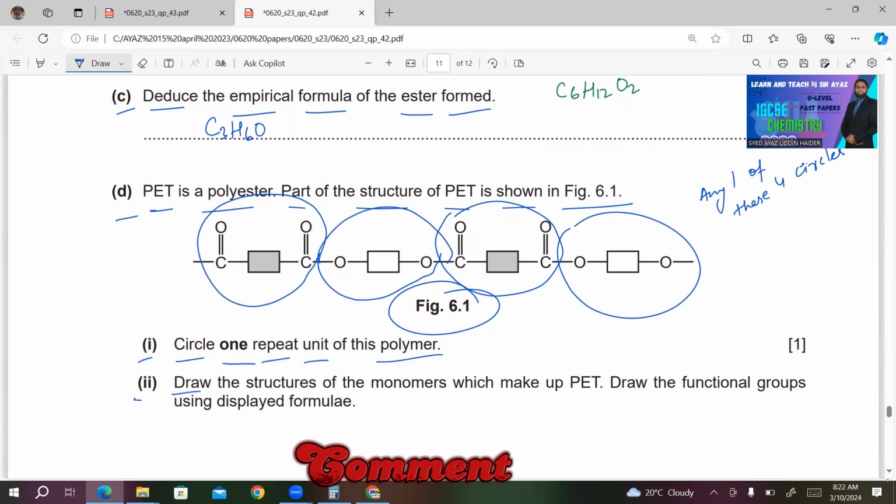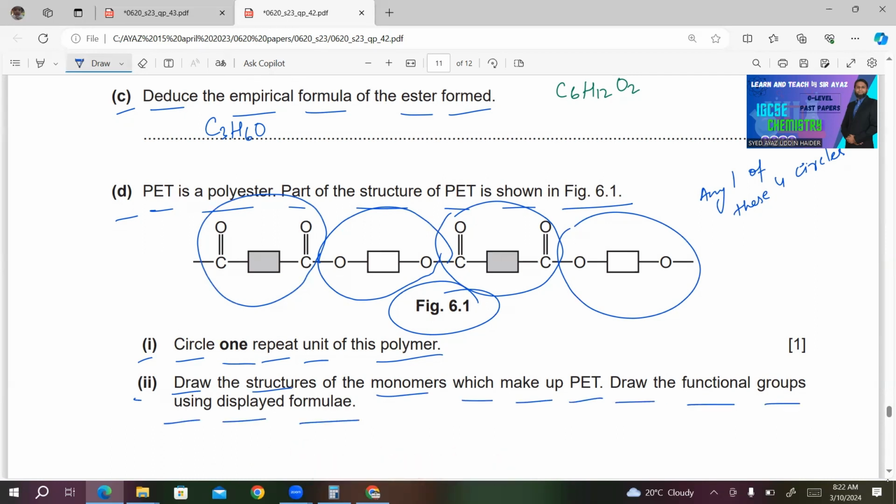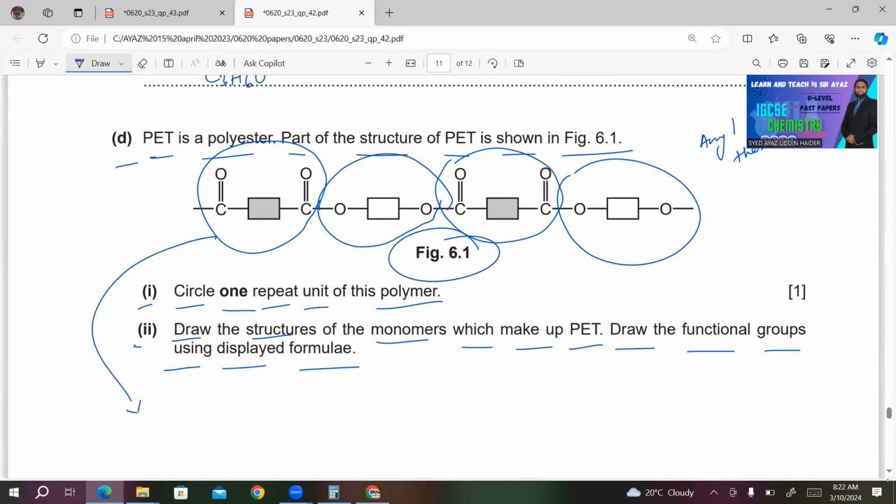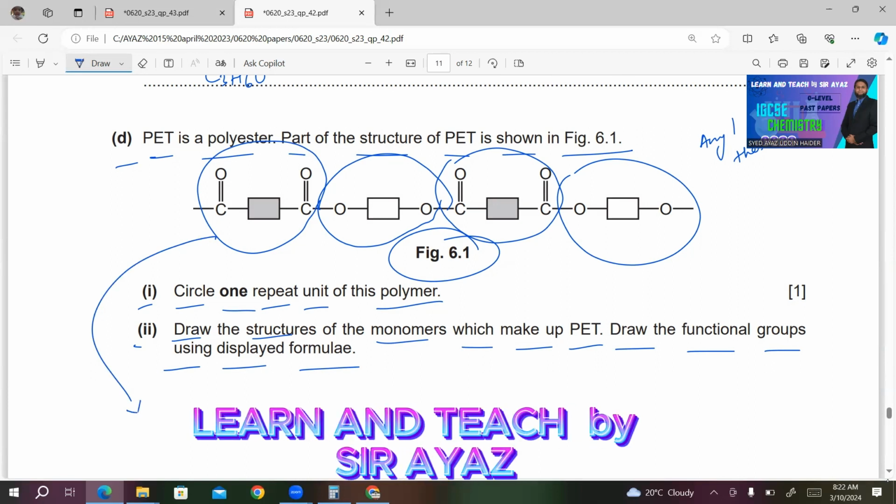Number 2, draw the structures of the monomers which make up PET. Draw the functional groups using displayed formula. We'll go in the reverse direction in order to draw the monomers for this PET. We need to attach OH on the adjacent end.